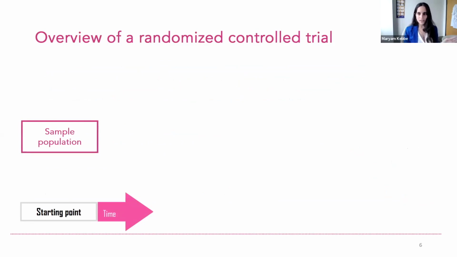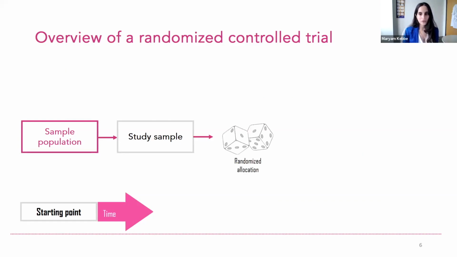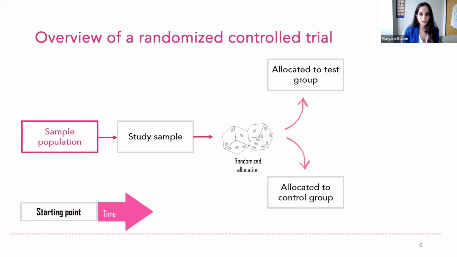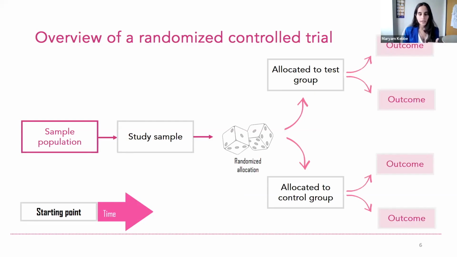So let's visualize this. You have your sample population, and in a typical design, you start by targeting a population sample into your study. So your participants are randomized and allocated into your control and intervention group. And from there, participants in either group could show a positive or a negative response in terms of the outcome.